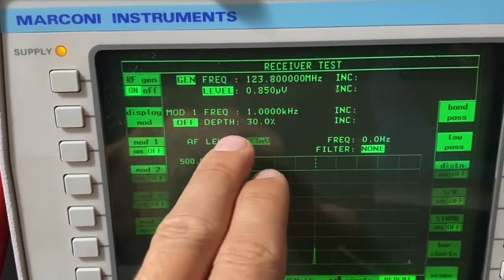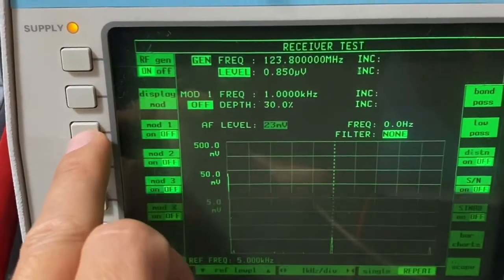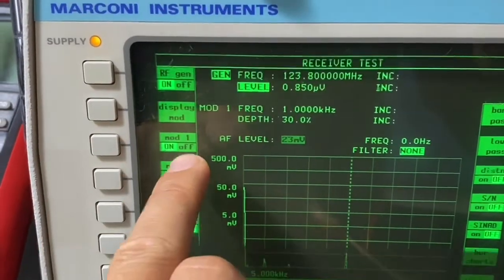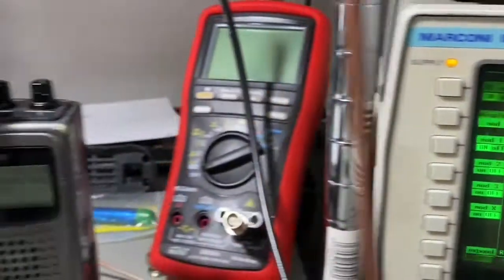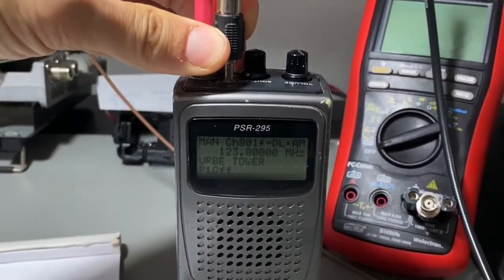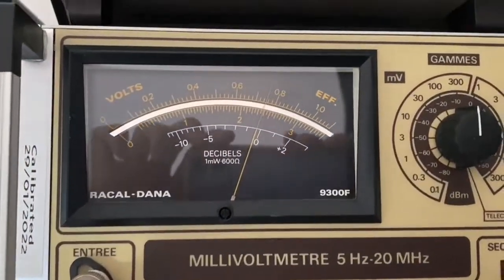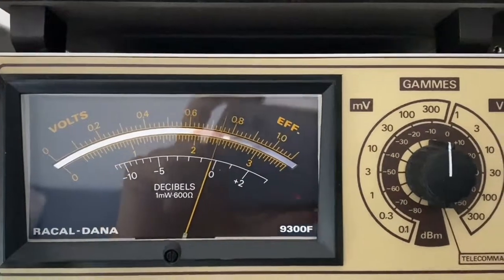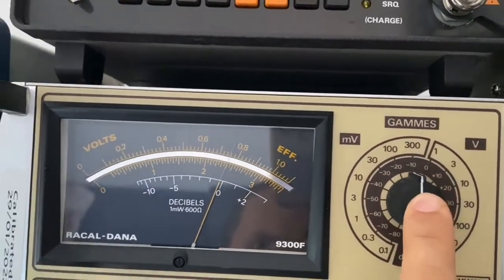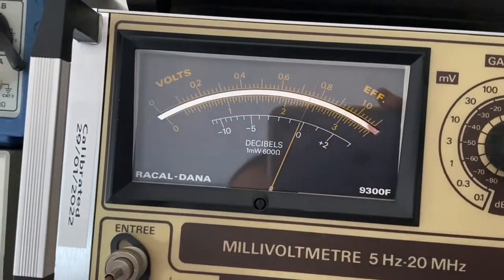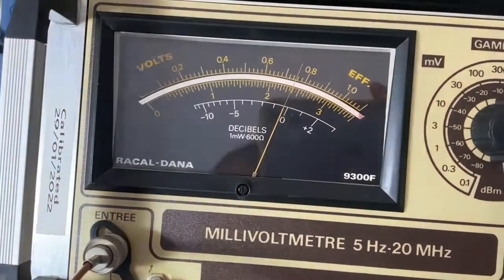So I will switch on the modulation now. Okay, modulation is on, and if you can hear it. Okay, and let's look at the voltage. Okay, so the voltage, we are on a scale of 300 millivolts full scale, so we are on the bottom scale. Let me get some light.